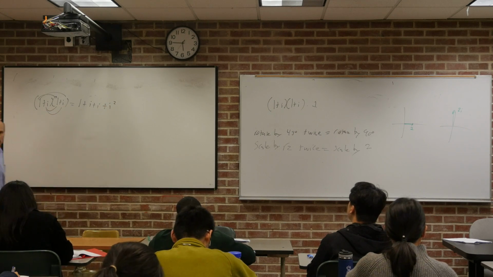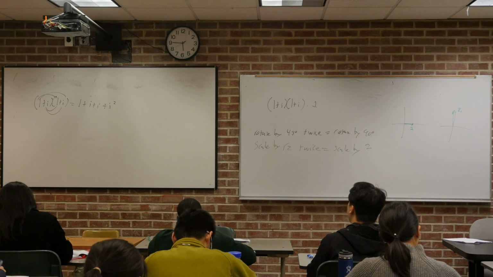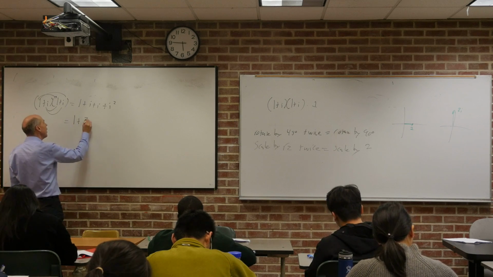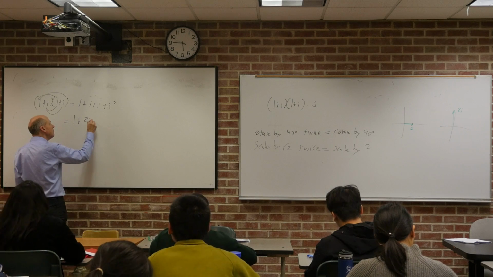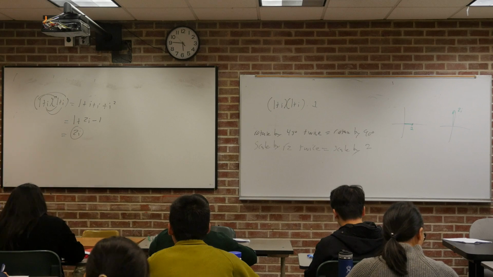So I just FOILed there. If I multiply that, I get 1 plus i plus i plus i squared. What's i squared? Negative 1. It is. This 1 plus 1 is the 2i that I was expecting.